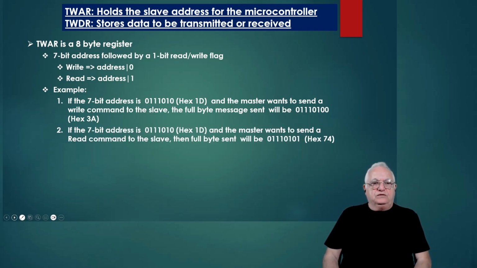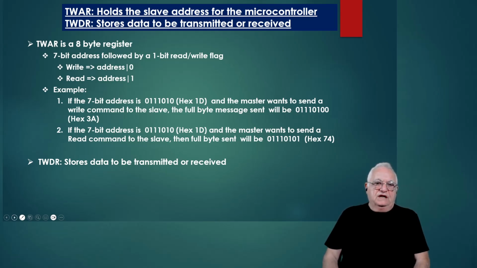If it wants to send a read command, then it's the same thing, except that the last bit is a 1. So write, read, and the address is exactly the same.